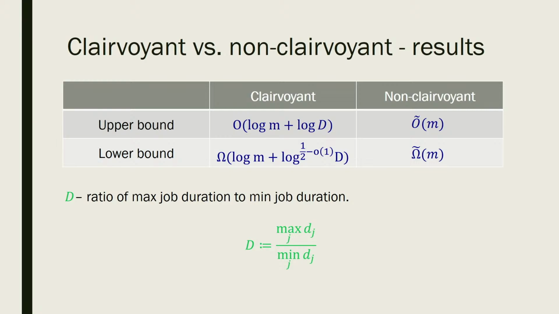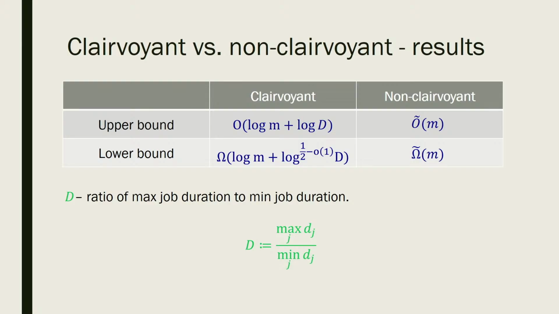So here are the previous results. For the clairvoyant case, we can get a logarithmic bound. Previously, for the permanent version, we had log m. Here we have log m plus log D, where D is defined to be the ratio between the maximum duration and the minimum duration.